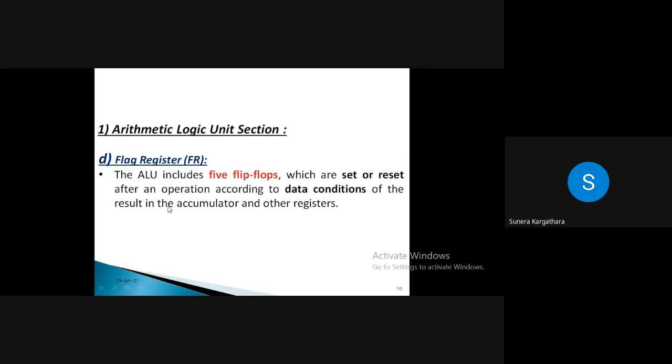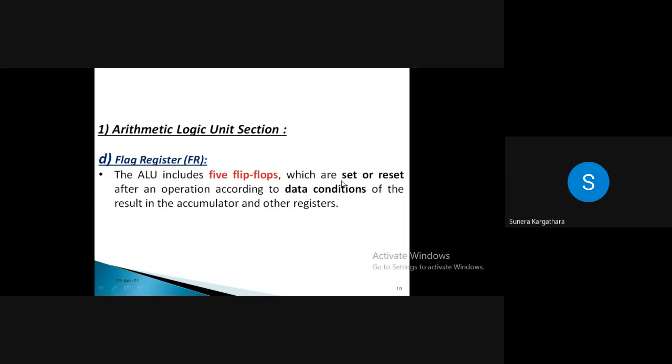Very important register. All the registers that we use in the 8085 microprocessor are 8-bit, but out of this 8-bit, 3 bits are don't care. So we have 5 flags, which we'll see in the next slide.